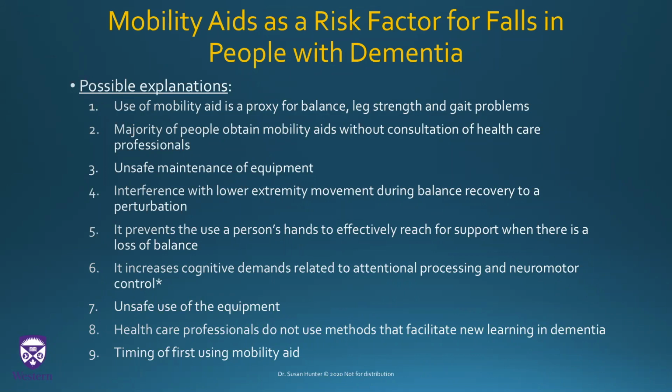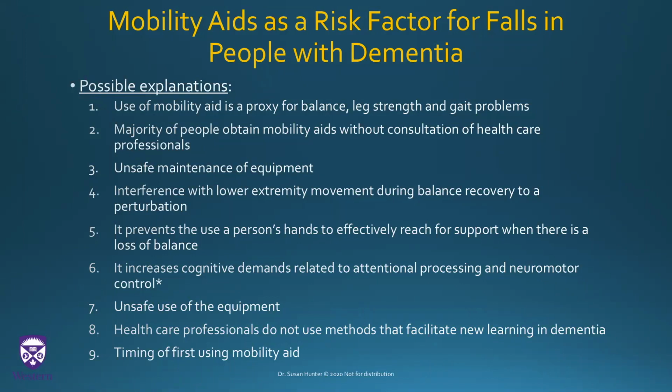For people who are newly learning to use mobility aids, they require a lot of brain work to be able to use the aid. And even people who are experienced, who have been using an aid for 6 or more months, still have to work quite hard to use the aid.